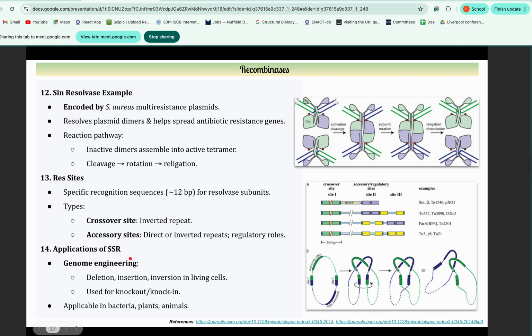The entire application of site specific recombination is genome engineering, because we can add a gene of interest, delete a gene of interest, insert something, or invert it. In this way we can engineer the genome, and it is generally used for knockout and knock-in studies in mice. Mostly for this purpose we use the Cre-LoxP system, and it is applicable in bacteria, plants, and animals. So this also represents the syn resolvase, and how the rotation takes place.